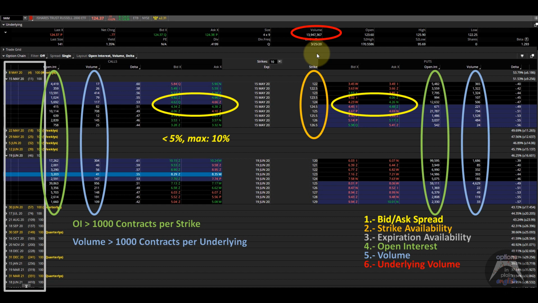So for that, you would need healthy liquidity, not only at the option level, but also at the underlying level.